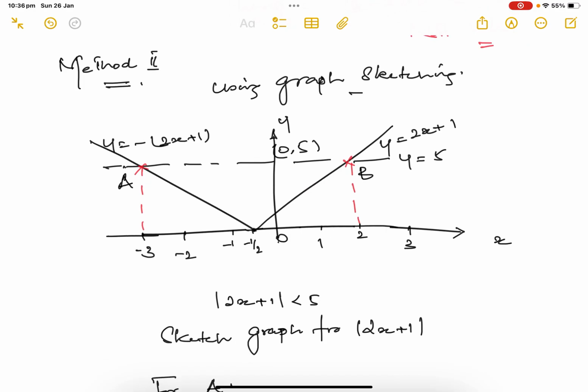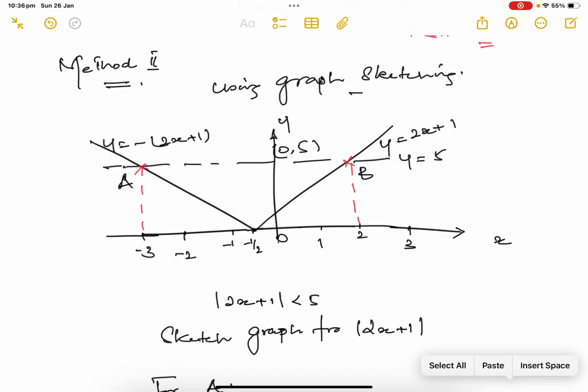Right, now we wanted to find these two. So now we have drawn this modulus function. It's like a V shape, and this V shape is less than 5. So it's less than the y value 5. So I just put a dotted line, a parallel line, y equals 5.